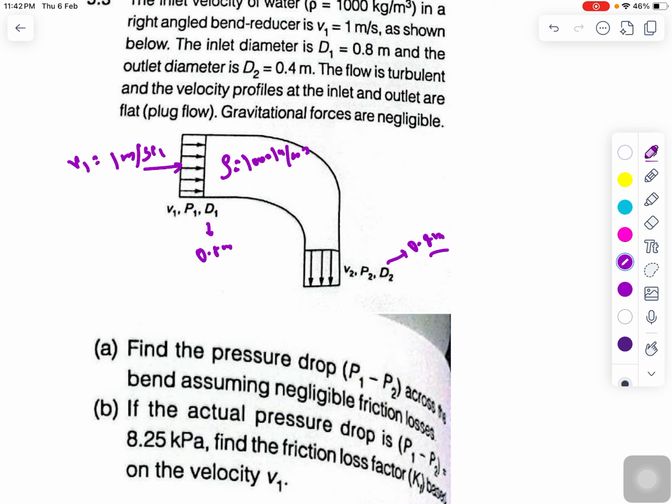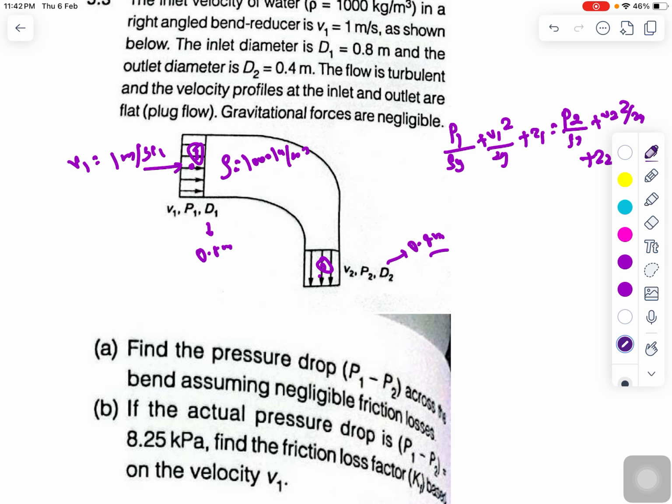Okay, so in order to calculate the pressure drop, I can apply the Bernoulli's equation at point 1 and point 2. So if I apply the Bernoulli's equation, I can write P1 by rho g plus V1 square divided by 2g plus Z1, that is equal to P2 by rho g plus V2 square divided by 2g plus Z2.